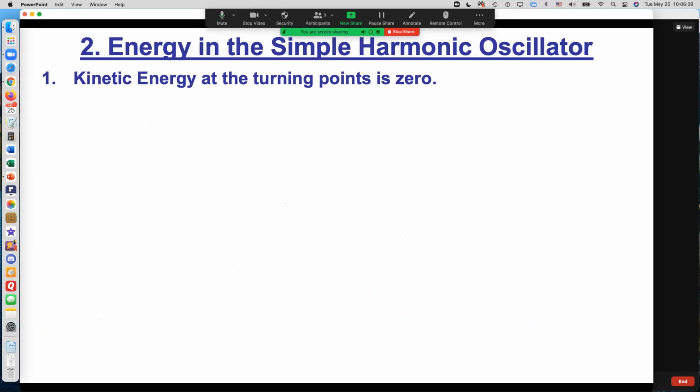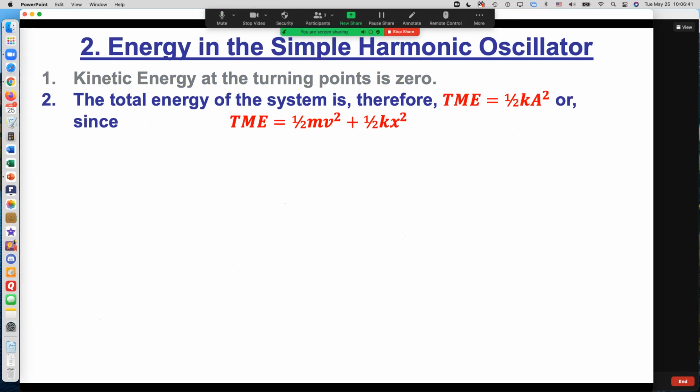So kinetic energy at the turning points is 0. Total mechanical energy of the system is therefore 1/2 mv squared plus 1/2 kx squared, right? Or 1/2 Ka squared equals 1/2 mv squared plus 1/2 kx squared, depending on where you are. And we'll call that equation 1.